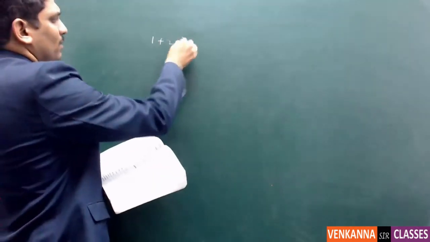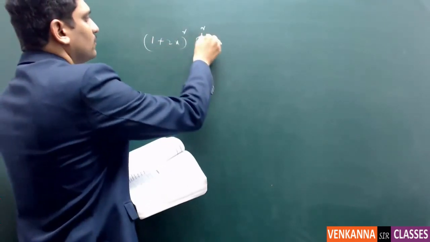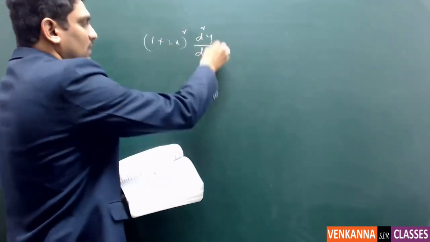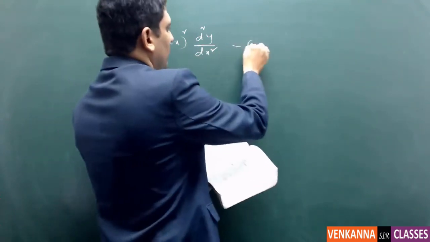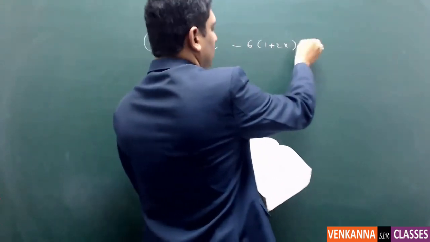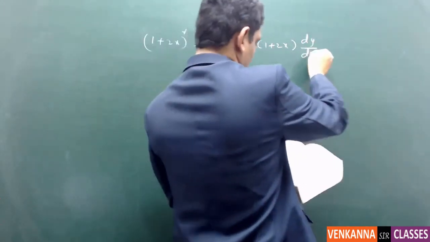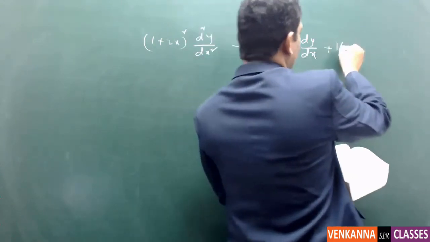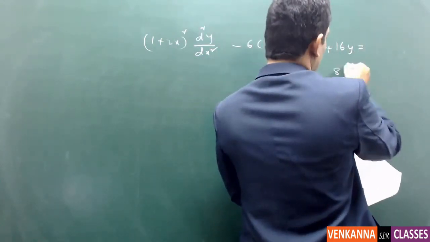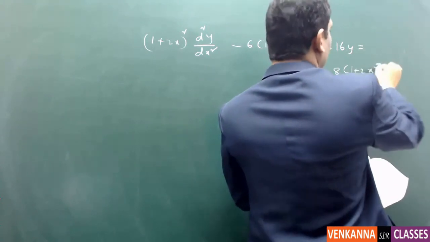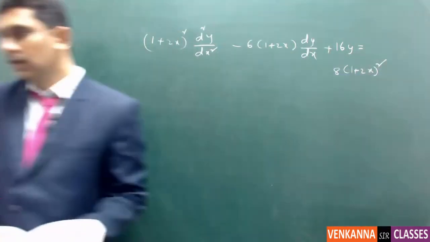So note down the problem that (1 plus 2x) whole square d square y by dx square minus 6 into (1 plus 2x) into dy by dx plus 16y is equal to 8 into (1 plus 2x) whole square. Please go with it.